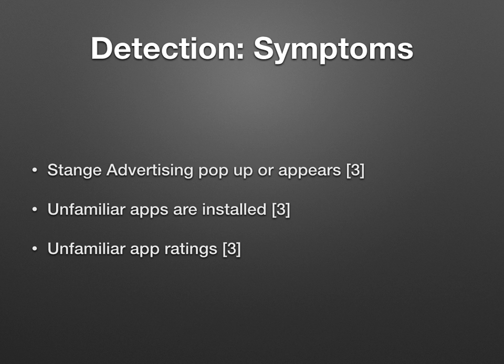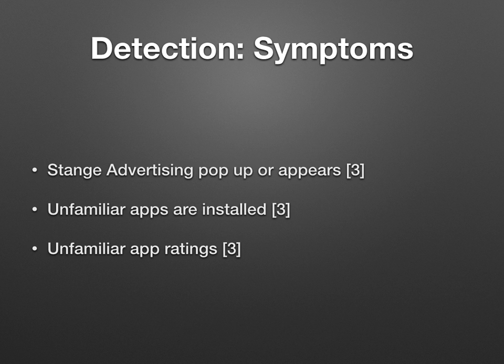Now, for the symptoms, we already covered this a little bit, but when you see strange advertisements, if your phone starts to display a lot of pop-ups, if your phone has persistent advertising, especially on apps that should be free of advertising, these are signs that some kind of adware has infected you, and with the prevalence of HummingBad, it's definitely the first thing that, in my mind, it could be.